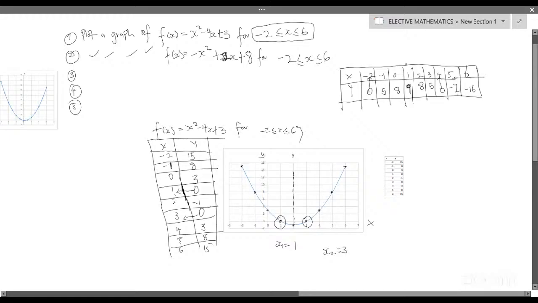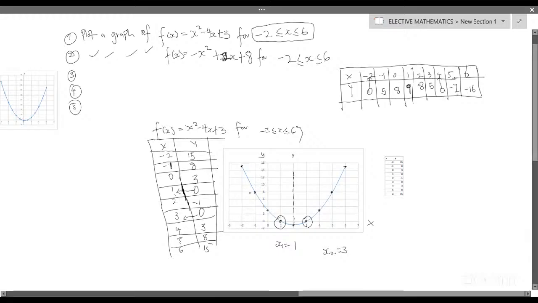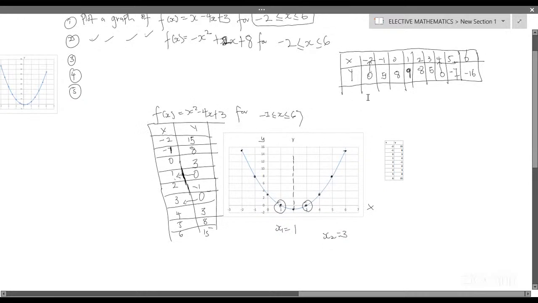True or false? In order for you to find your X value, you look at your Y values. The zeros in your Y values, you trace it to the X value. That becomes your first X. Here, you trace it, that becomes your second X. You get the point? So now we can use this to plot our graph.